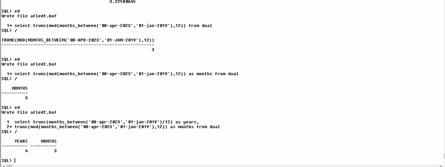Let's solve some more problems from the tables created. For example, we have created a table which contains a date column. SELECT asterisk FROM course registration.